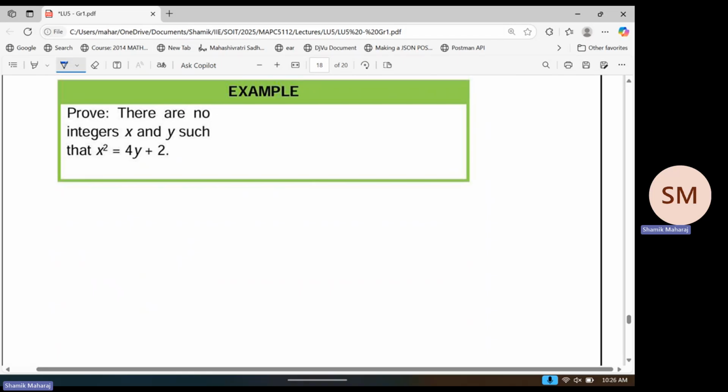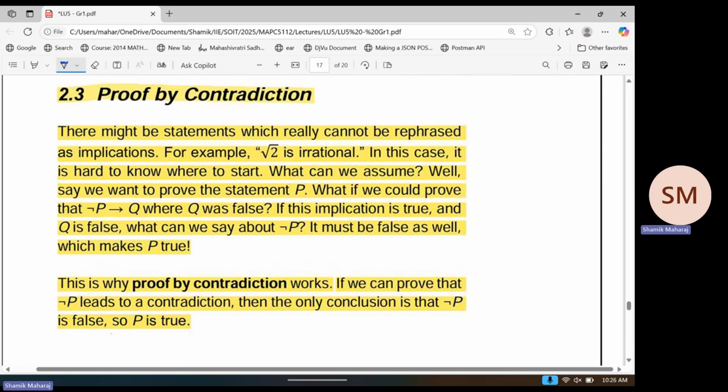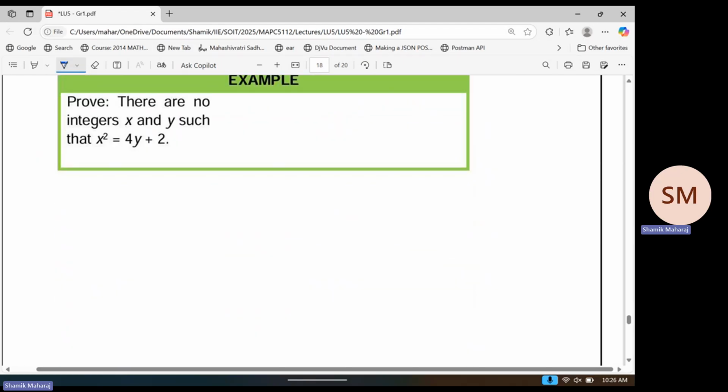That's the idea. Okay, and it works on the basis of the structure of implications and doing strange things, which we can look at some point. But for now, to avoid confusion, let's stick with this example. Okay, so there are no integers x and y such that this formula holds.